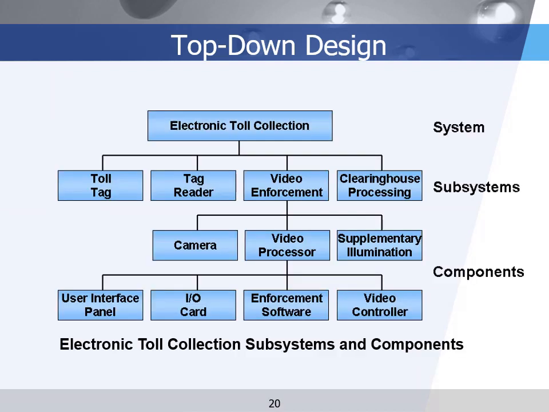If you need to design an electronic toll collection system, you can divide it into 4 subsystems like the toll tag, tag reader, video enforcement, and clearinghouse processing. The video enforcement can also be divided into subsystems until the bottom level: user interface, I/O card, enforcement software, video controller. So this is the top-down design.